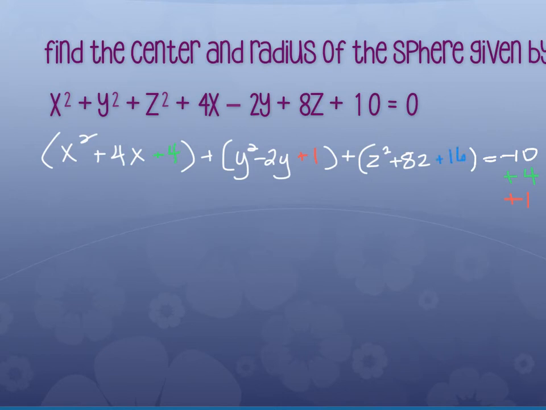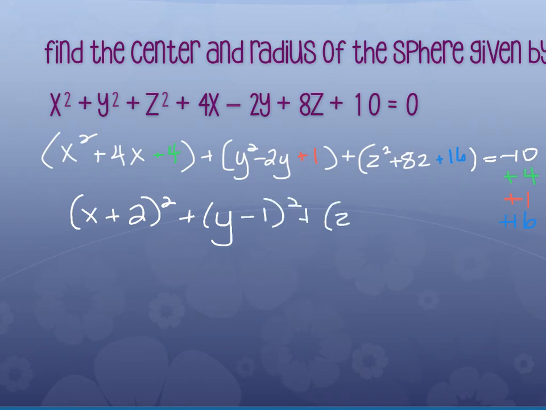That's 16 added to the left and to the right. Factor each set of parentheses: square root of first, square root of last, sign from the middle. And then -10 plus 4 is -6, plus 1 is -5, plus 16 is 11.